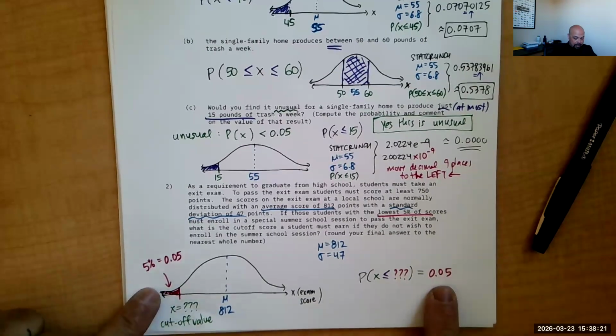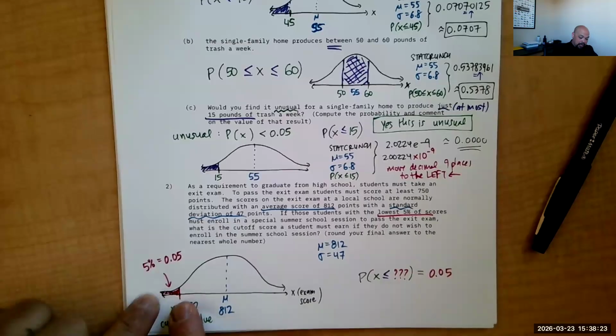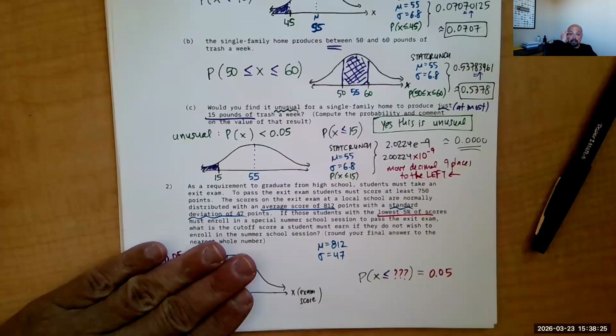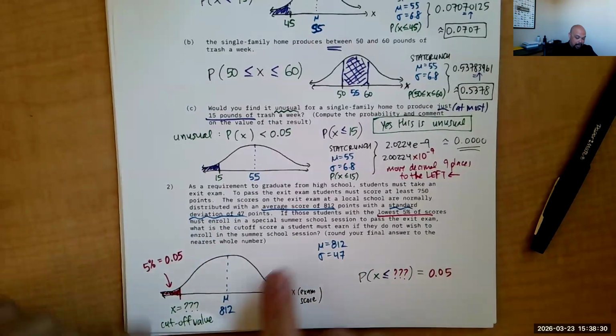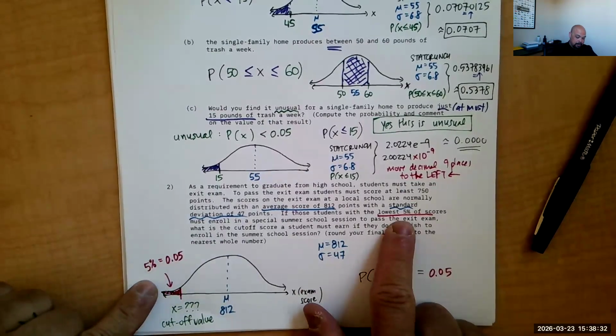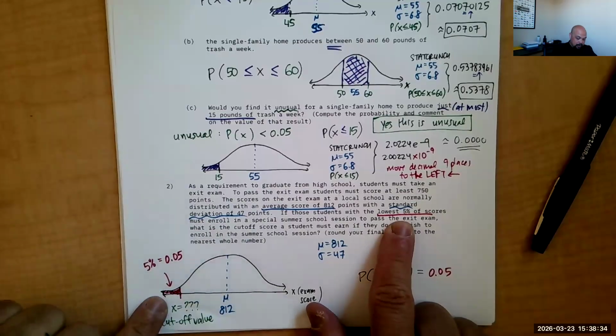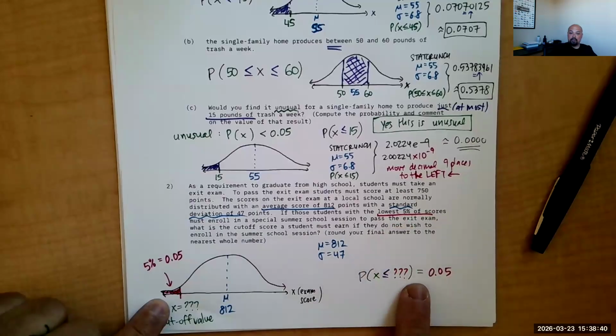We know the area, that lower 5%. We could have done upper 5%, the middle 50%, whatever it might be. Reading that problem, the lowest 5%, lower values to the left, we have the area of 5%, 0.05. What is that cutoff value going to be?